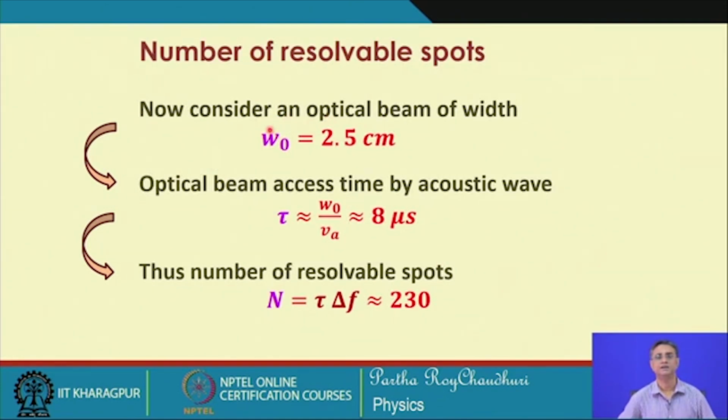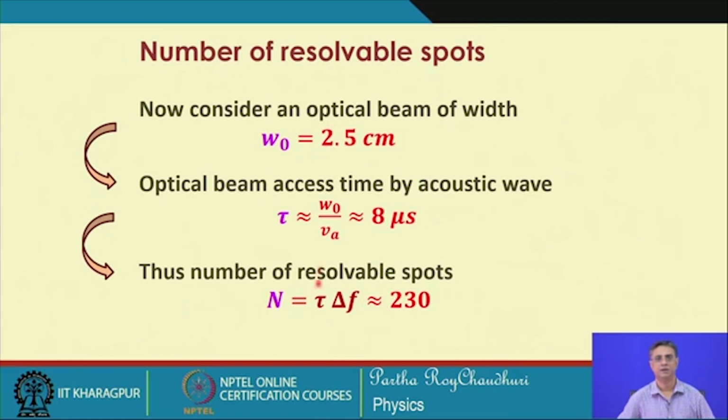If we now consider that the acoustic beam width was 5 centimeter and the optical beam is 2.5 centimeter, therefore the optical beam access time by the acoustic wave, we have seen, is equal to 8 microsecond, which is very instant, and thus the number of resolvable spots in this case will be 230.